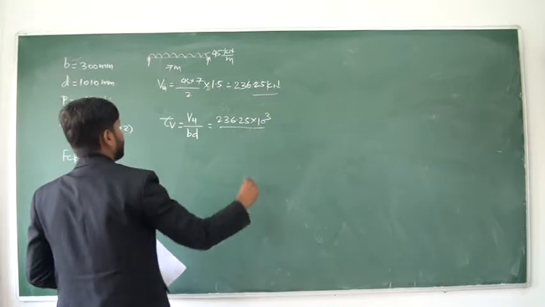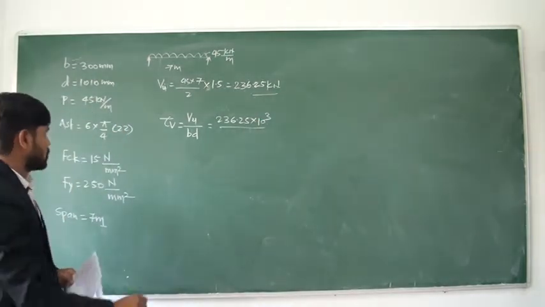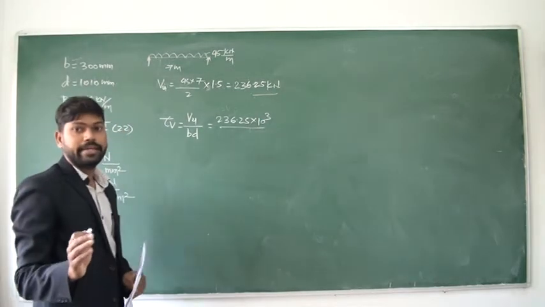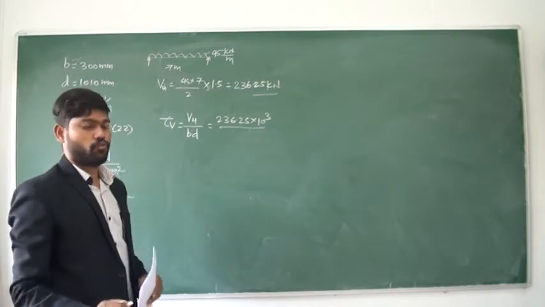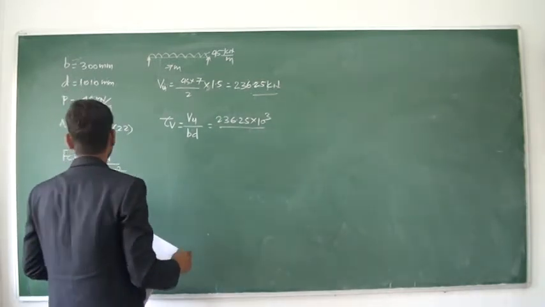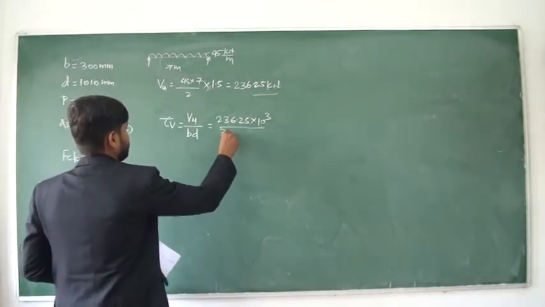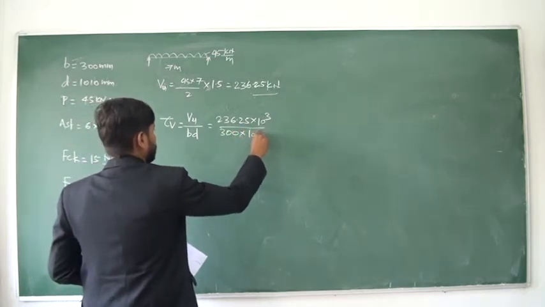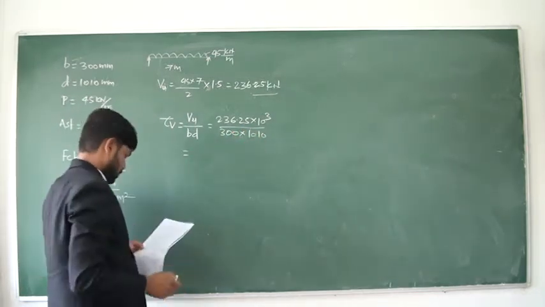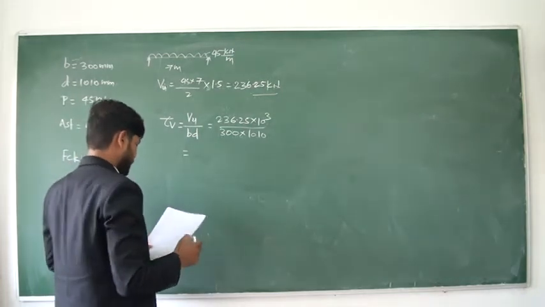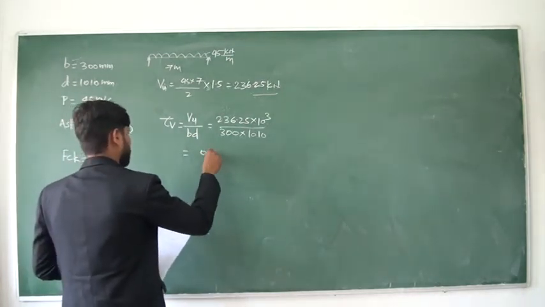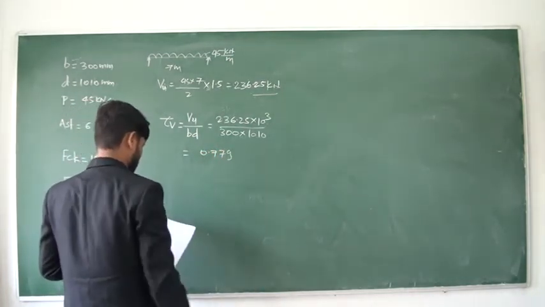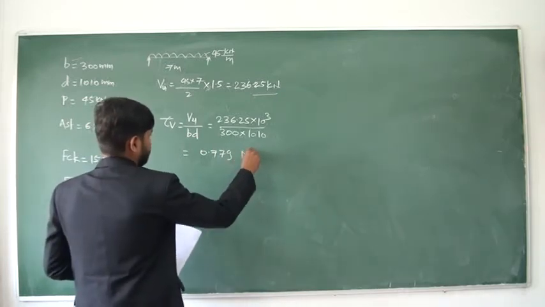It is in kilonewton, so I will put it here in Newton because I want the tau v value in Newton per mm square. So b is 300 and d is 1010. If you calculate this, it is 0.779 Newton per mm square.